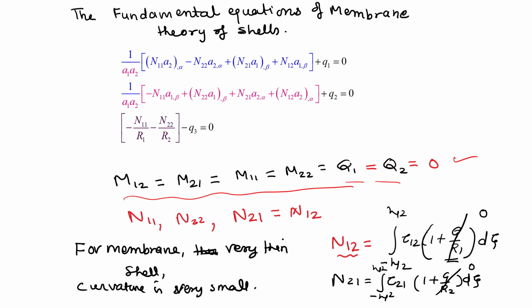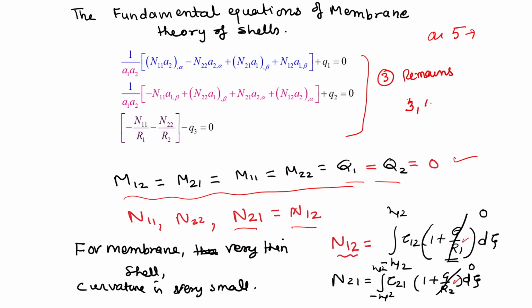Now we are saying that the shell is thin, so the zeta by R1 term can be neglected. If we do so, N12 becomes N21. So out of 5 governing equations, only 3 remain for the case of membrane theory of shells.